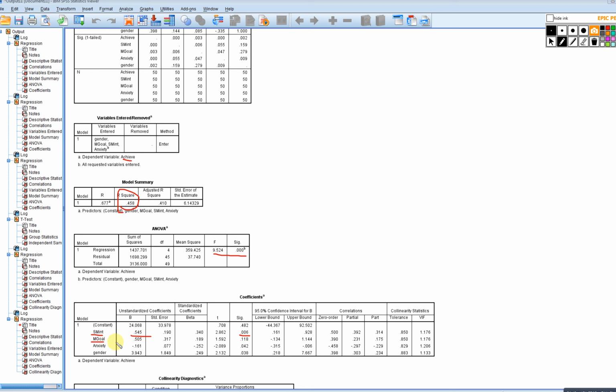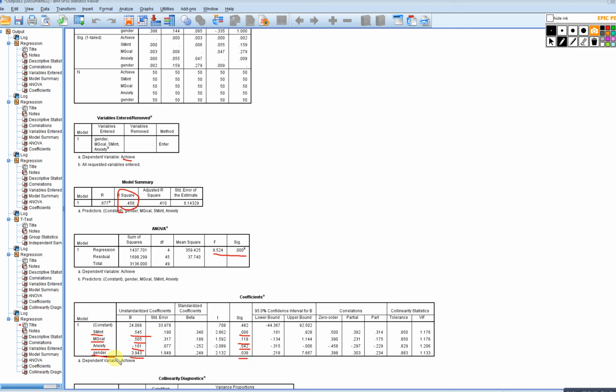Mastery goals show a positive predictive relationship, but it's not statistically significant, so we cannot infer within the population that there's a significant non-zero predictive relationship. Anxiety has a negative predictive relationship and is statistically significant. We also see gender. It's a positive value, and it is a significant predictor.